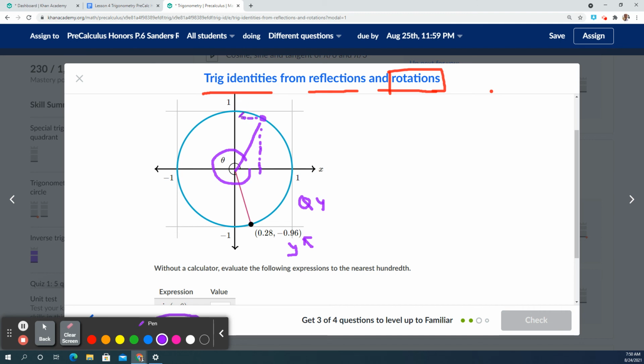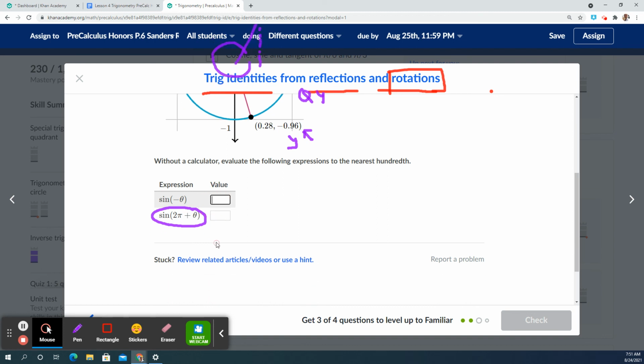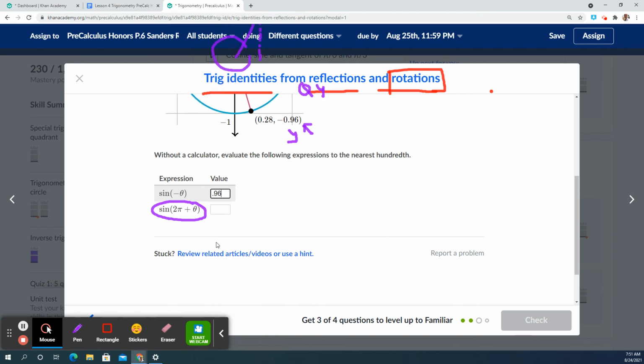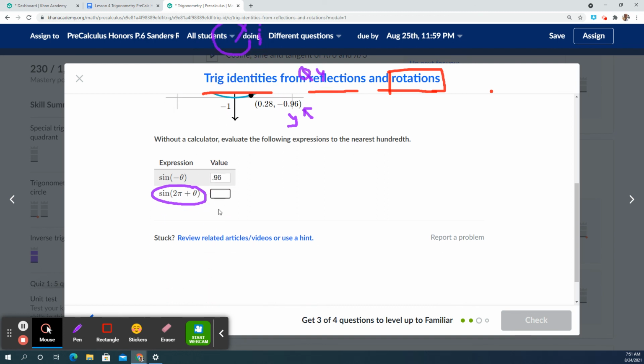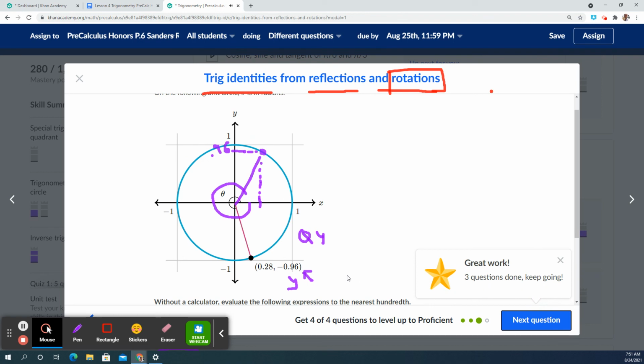So that's going to be the same y value right up here, all right? So that would be a positive 0.96 for the y value up there in quadrant 1, and then negative 0.96 for the full rotation. So it's just getting used to what are we looking at, x's or y's, and going through them.